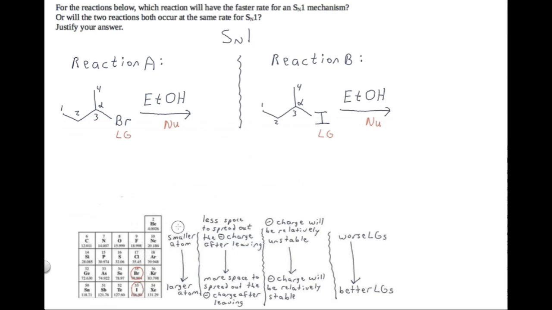We can see that they're in the same column of the periodic table. And we have previously learned that when you're comparing elements from the same column, leaving group ability improves as you move down a column. That tells us that the iodide is the better leaving group, and bromine is the worse leaving group. Bromine is still considered a good leaving group, but it's not as good as iodide. So that tells us that reaction B will be faster because it has the better leaving group.